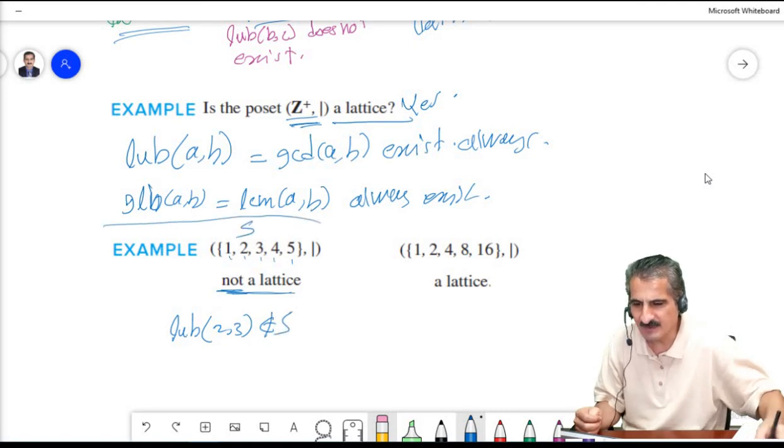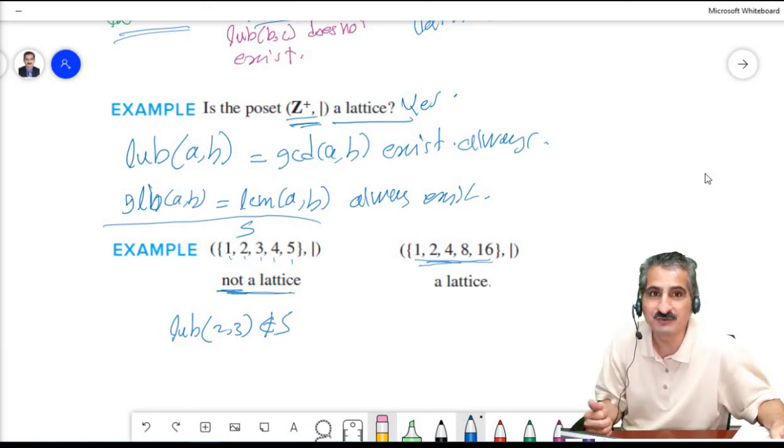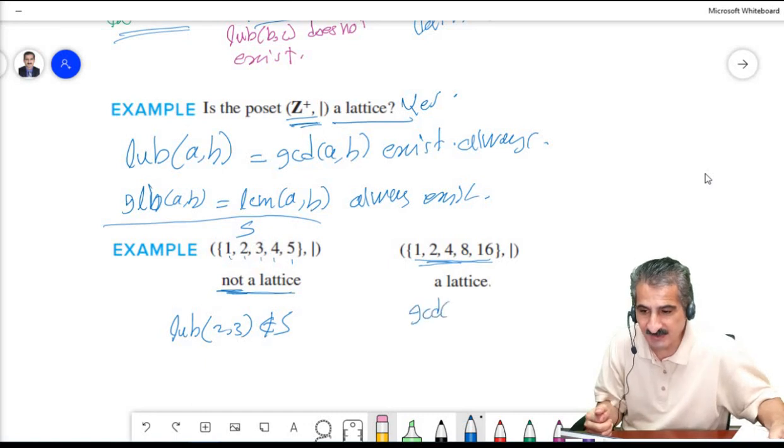Okay. This is a lattice. Why? Because the least upper bound for any two elements in here, which is the greatest common divisor of A, B, in this set S, always belongs to S. Check this out.